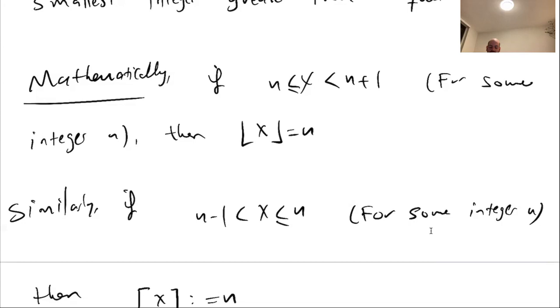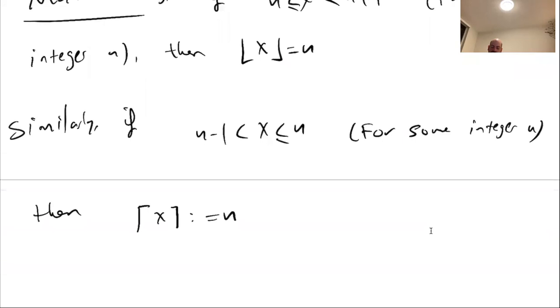Because, for example, n minus 1 is also less than x, but n minus 1 is not the largest integer less than or equal to x, because n is also less than or equal to x and is larger than n minus 1. So in this case, the floor of x is n. Similarly, in the other case, the ceiling of x is also n, if x is less than or equal to n and bigger than n minus 1.